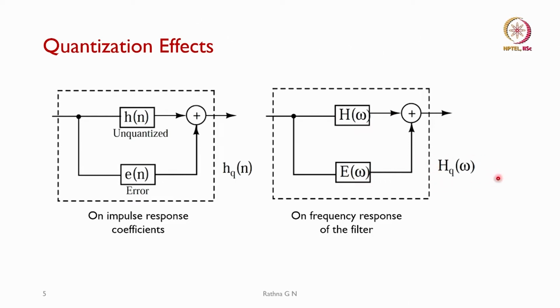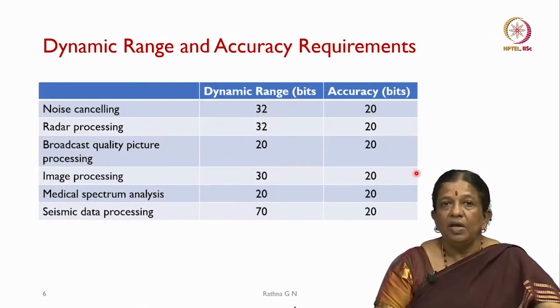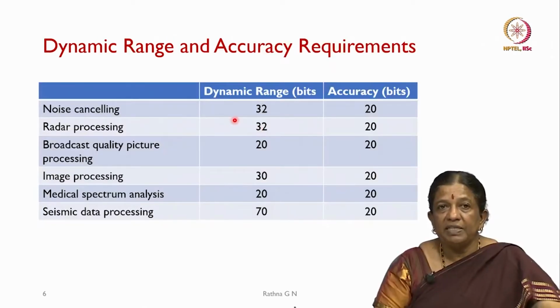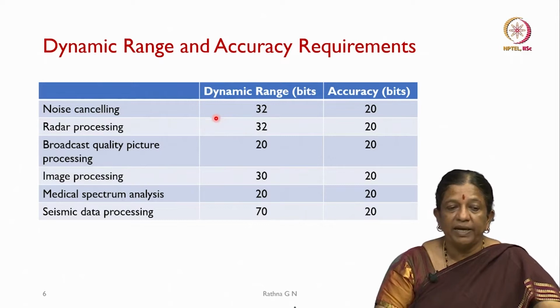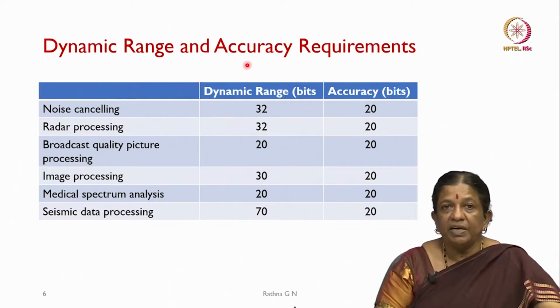So, the output will be the quantized HQ of omega, the response of the filter. How it is going to affect, we will see in this block diagram, which is basically the dynamic range and accuracy requirement that different applications need.